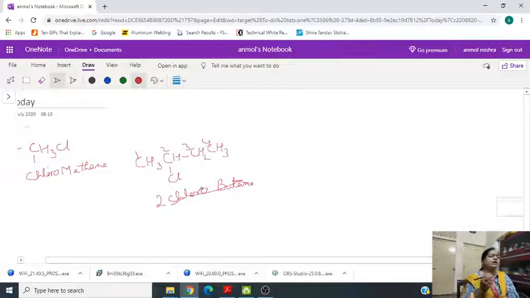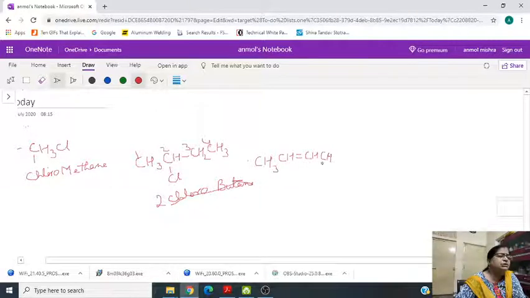Similarly, we can take the example, if suppose a double bond is also present here: CH3CH=CH CHCl CH3.